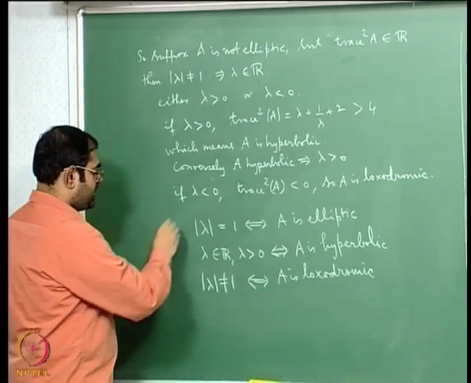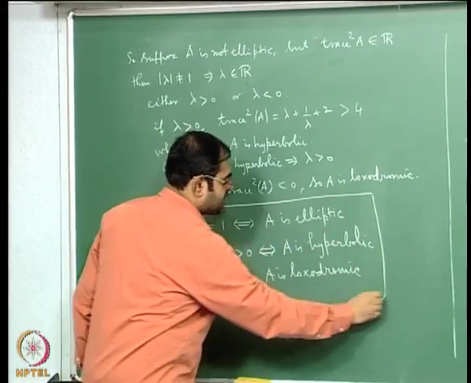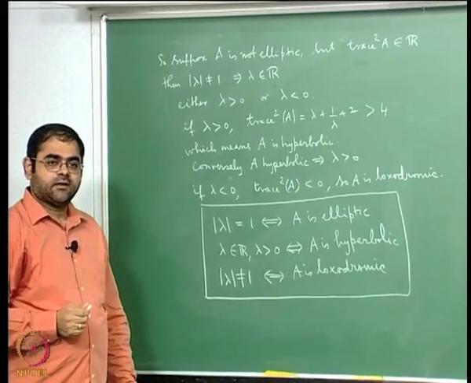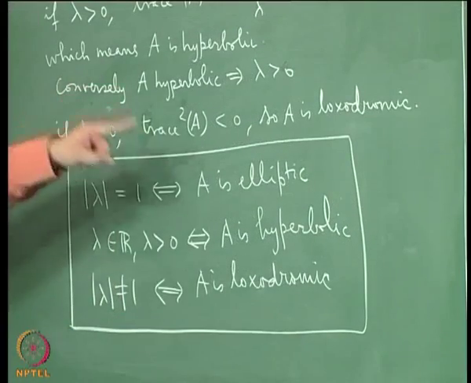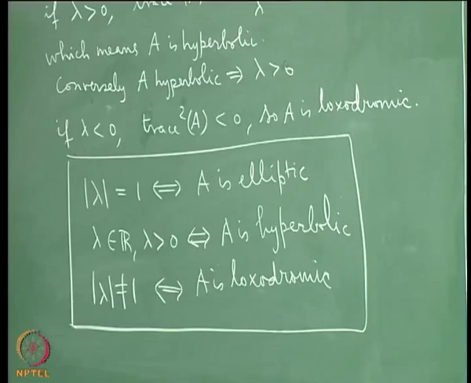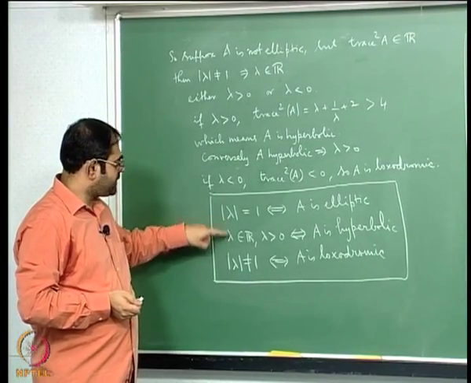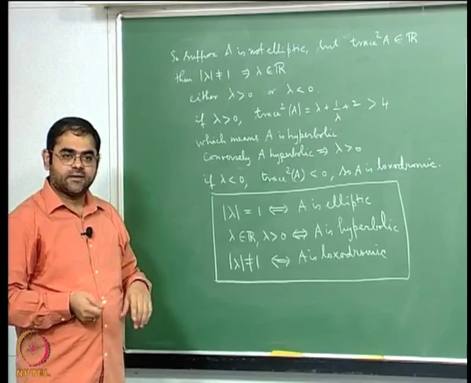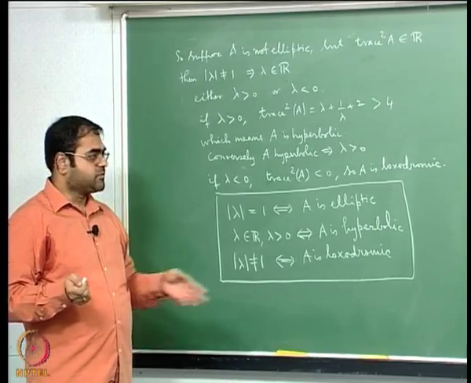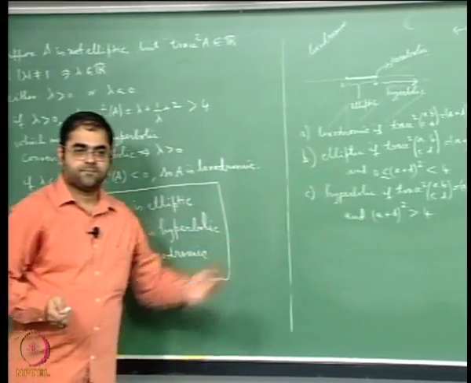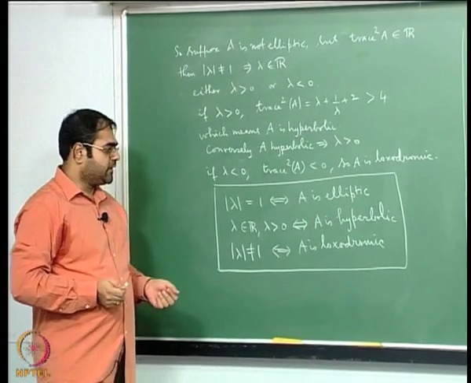So these three simple conditions will allow you to distinguish between elliptic, hyperbolic and loxodromic transformations, and we have arrived at these conditions by looking at the trace squared, which was originally used to define these things. So we will continue in the next lecture.